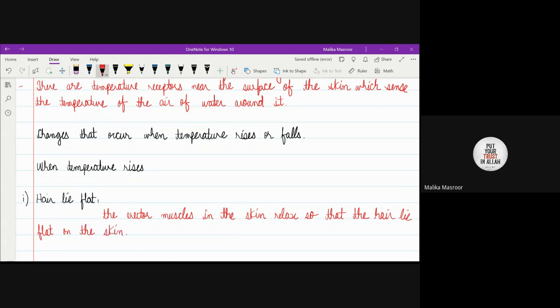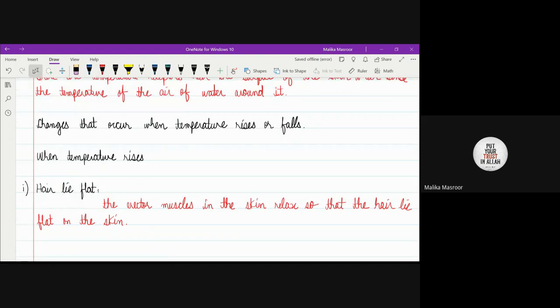This allows heat to leave the skin through radiation into the air.